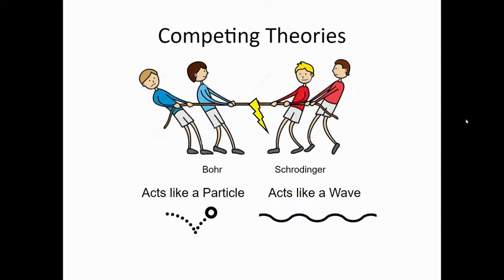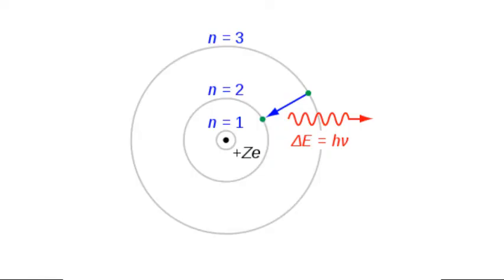And so Bohr took the information that he had with the light and energy to say, well, the electrons have to be organized around the nucleus in very specific patterns. Because atoms only give off very specific colors of light, it means they absorb very specific amounts of energy.